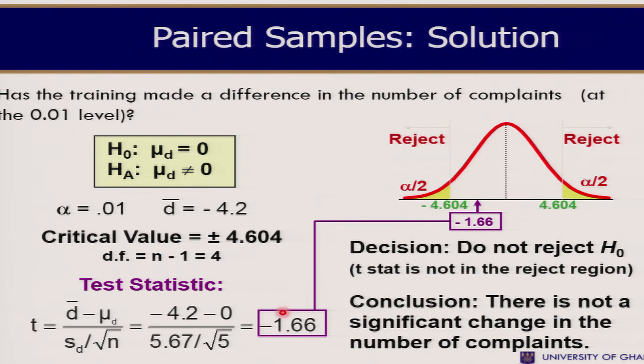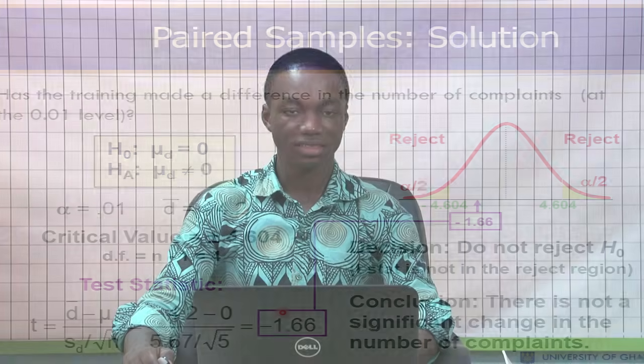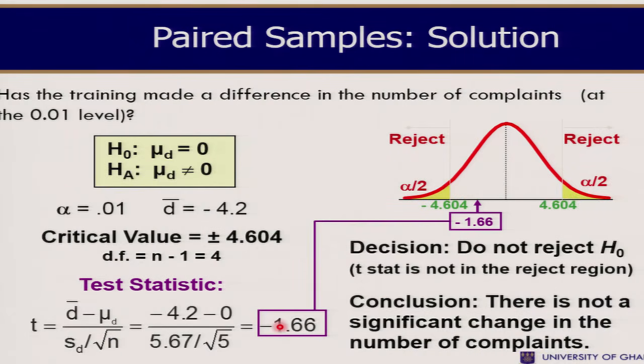If you compare the value of the test statistic to the critical value, you realize that this falls within the acceptance region. That is to say that our -1.66 is greater than -4.604 and also less than +4.604.